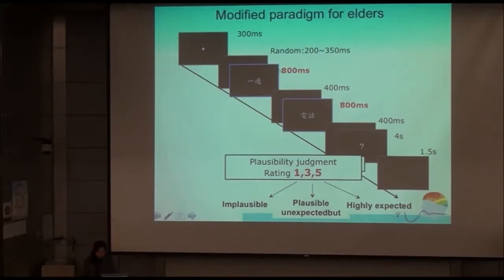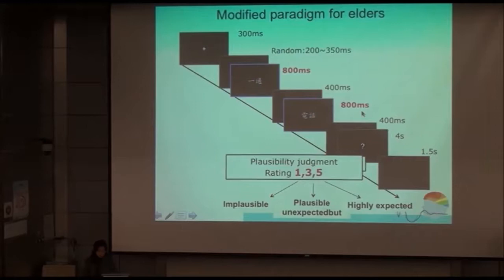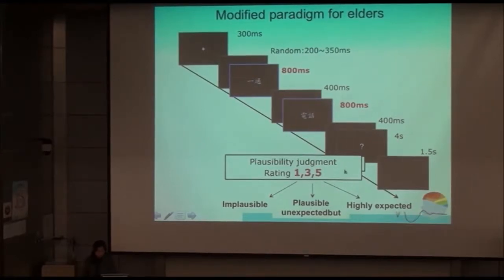The classifier will be presented for 800 milliseconds, then with a 400 millisecond break, we will show the noun for 800 milliseconds. And we are also trying to make the task demand easier. So this time they just have to decide the possibility based on a 3-point scale.